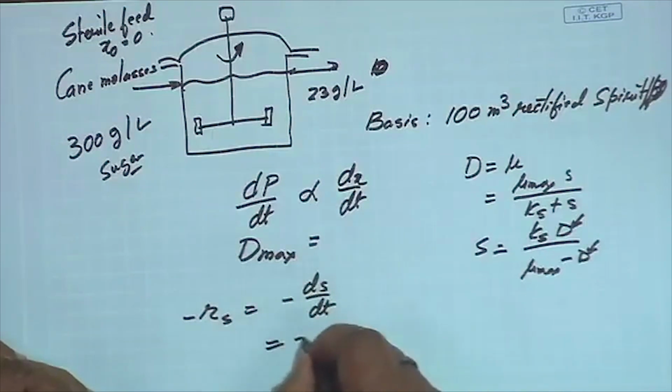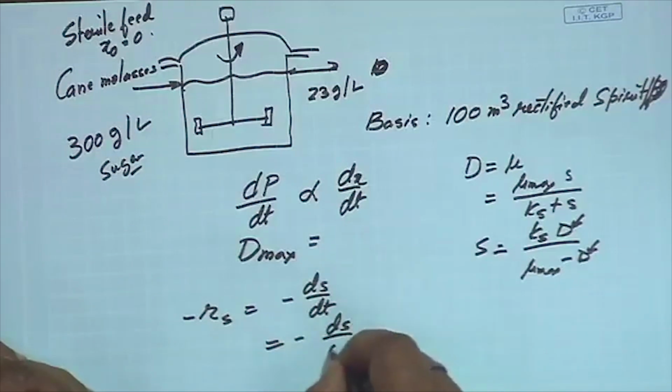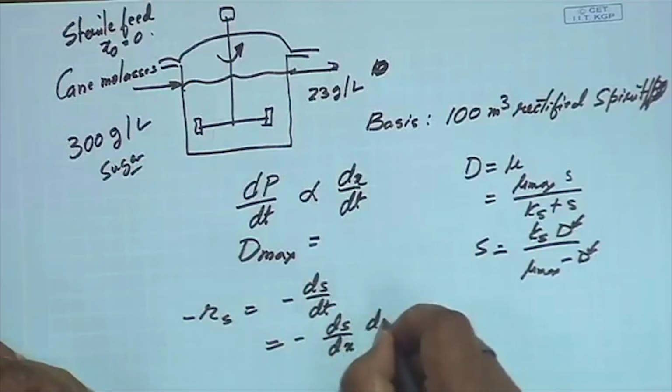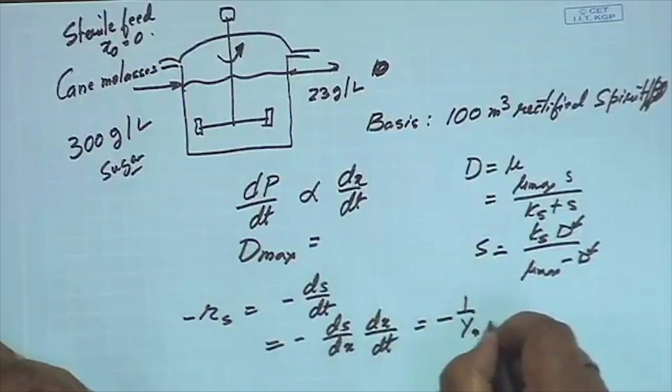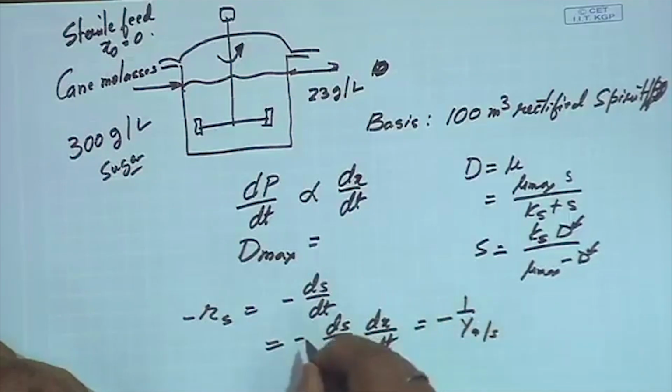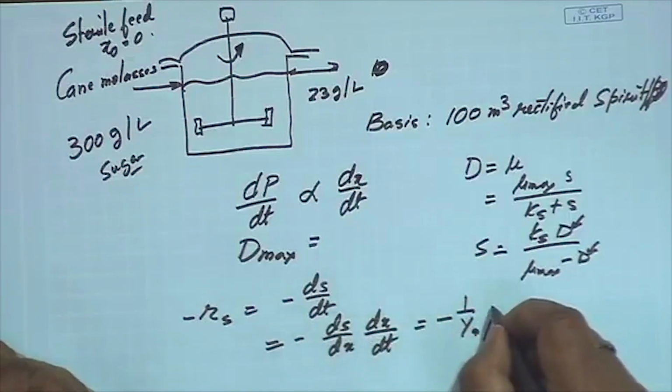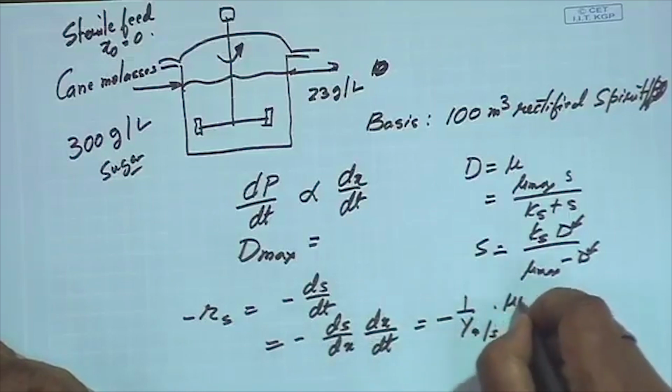The minus ds by dt I can write as ds by dx and dx by dt. This is equal to 1 by Yx by s into mu into x.